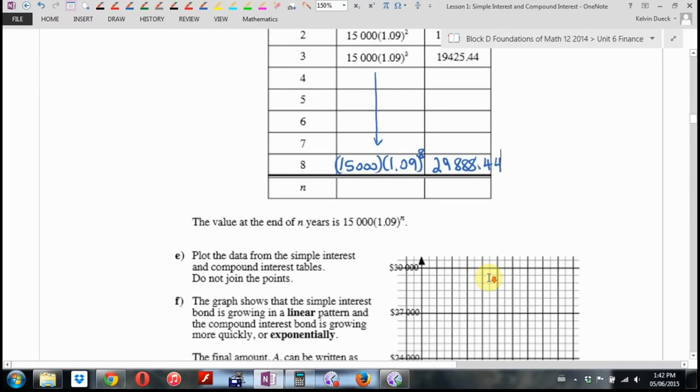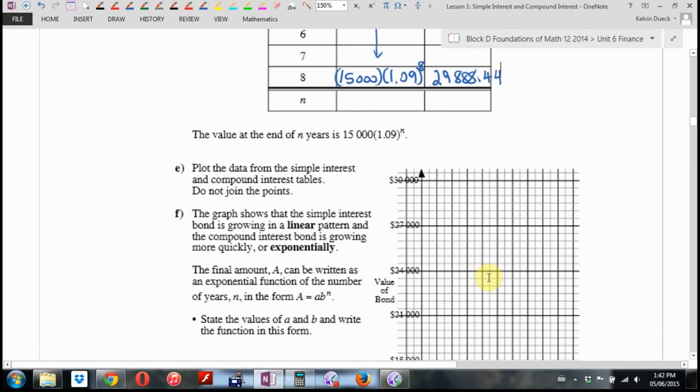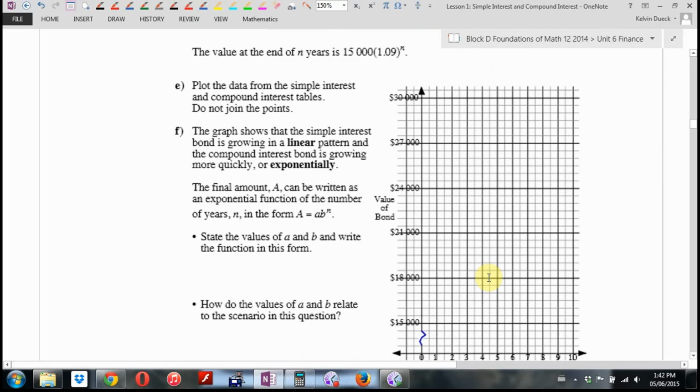Okay? It wants us to plot the data. I'm going to skip that part. All I'm going to say is, for what it's worth, simple interest forms a straight line. Compound interest forms an exponential curve.